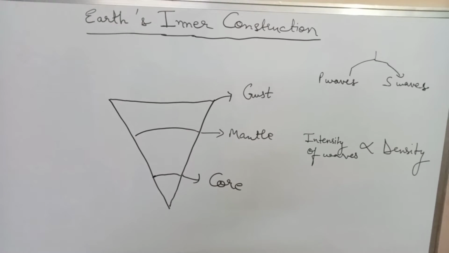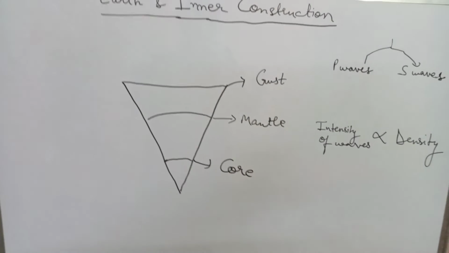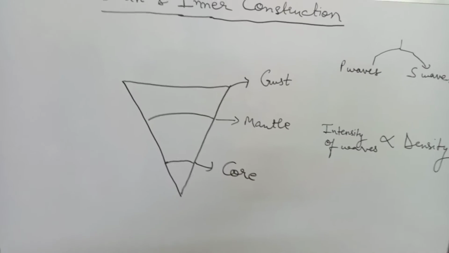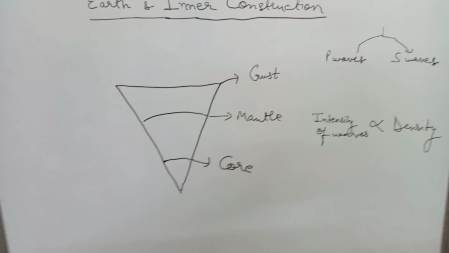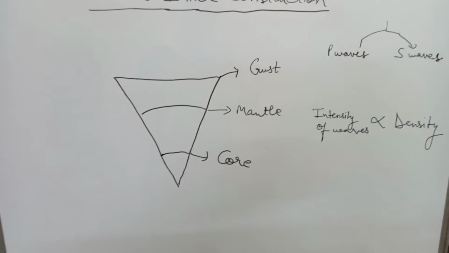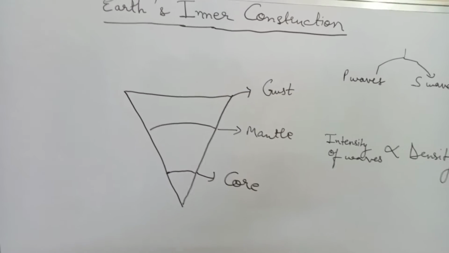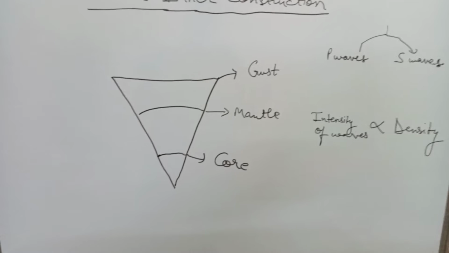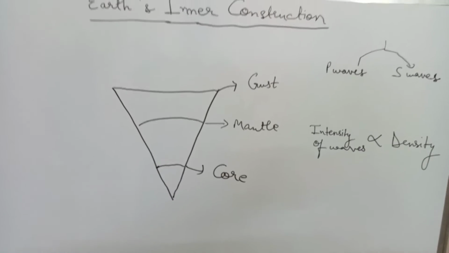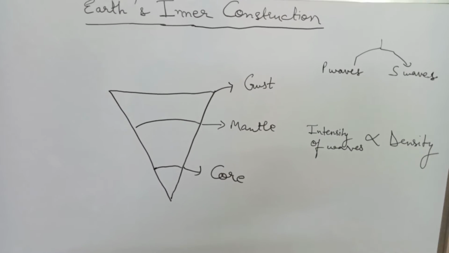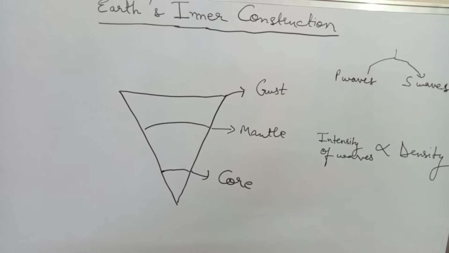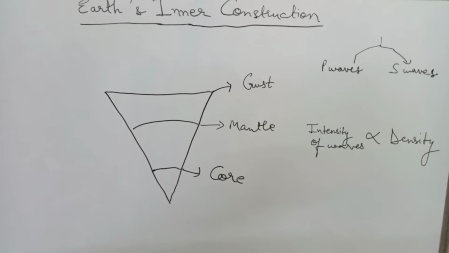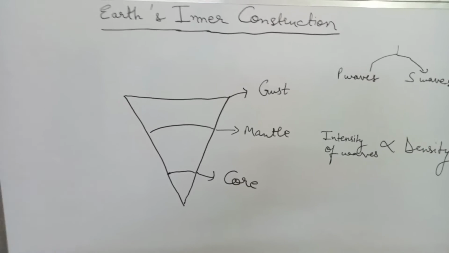Mostly the crust is affected, then the mantle, and the core is the innermost and deepest interior part. The crust is often made up of solids, the mantle is in the middle, and the core is basically made up of gases. The crust is the tough solid part.